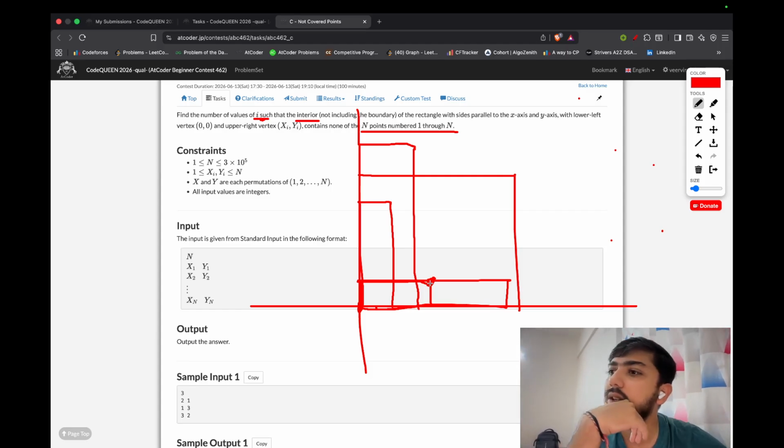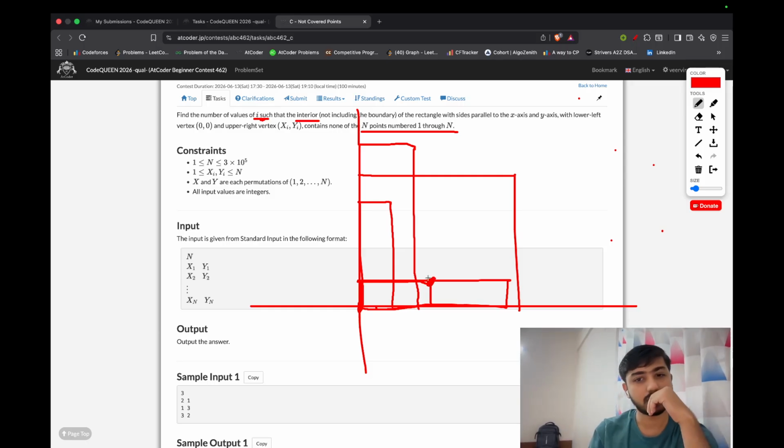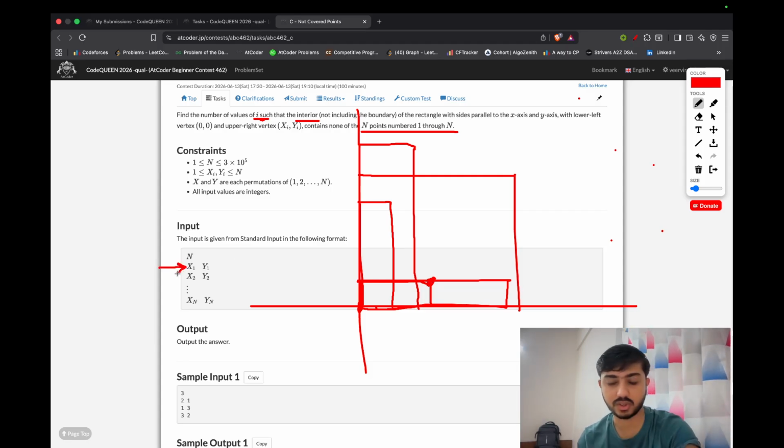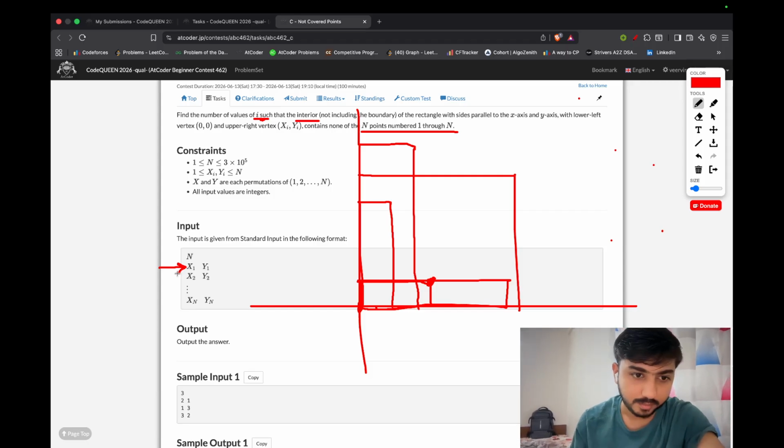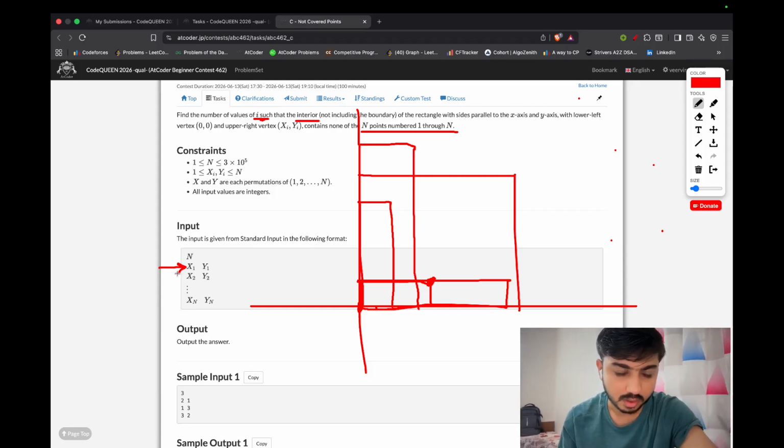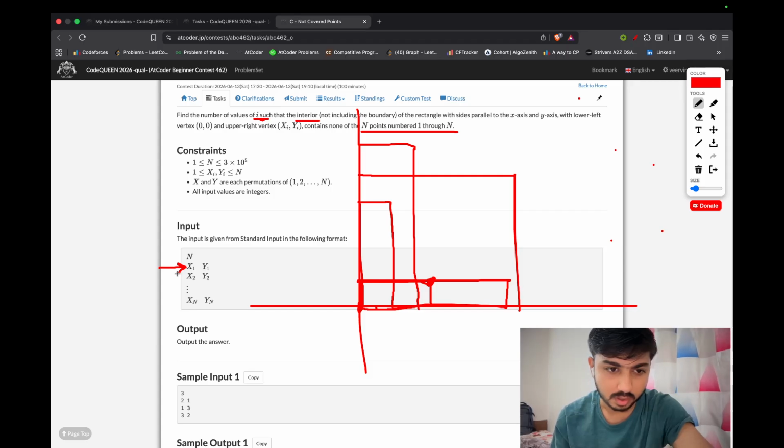Let's say points are always beneficial to put on the extreme boundaries. For example, let's say if I want to check is this a potential answer, then all these points should be outside this rectangle.